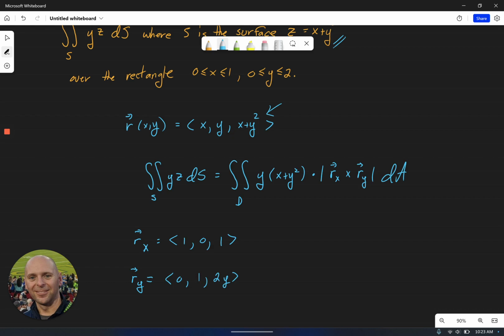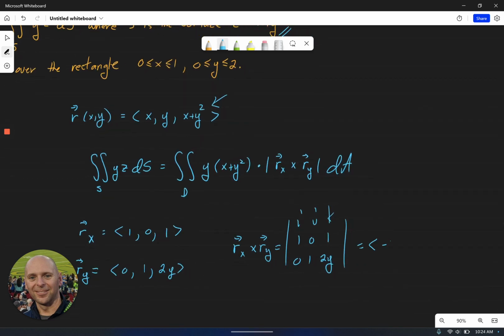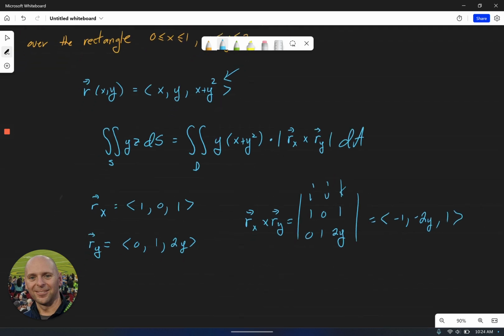So now we just have to find that cross product, R_x cross R_y, using our normal cross product setup: 1, 0, 1, 0, 1, and 2y. I've already computed this. It turns into -1, -2y, and 1, which should look pretty familiar from when we made the computation earlier.